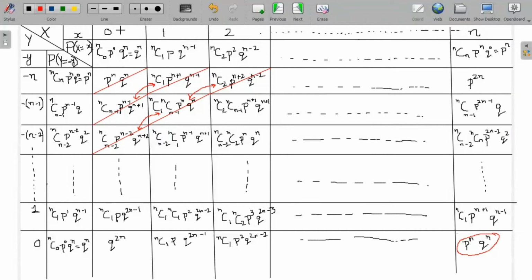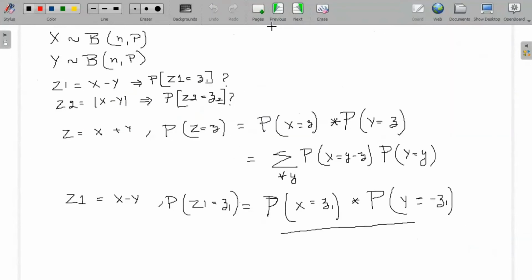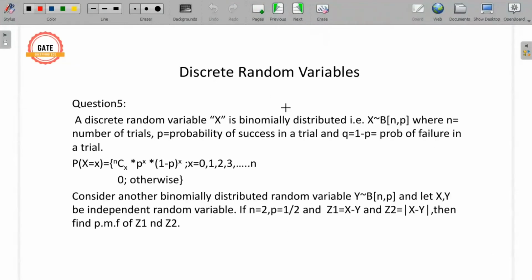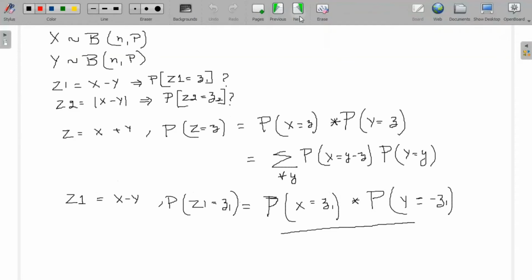So now I will come to our question. In the question, it is given that n is equal to 2 and p is equal to 1 by 2. For that case the PMF is asked, so I will do it for this case.